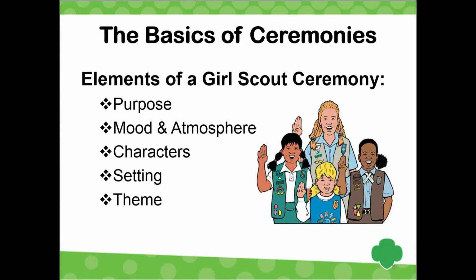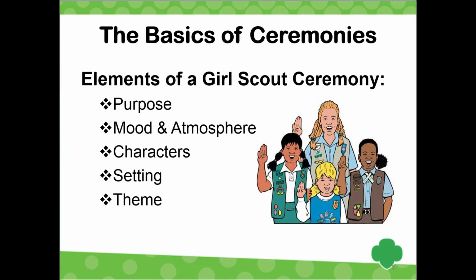So Girl Scout ceremonies can be planned on a grand scale, or they can be planned on a smaller scale. Either way, the ceremonies help Girl Scouts mark special events throughout the year, such as bridging to another level, earning a National Leadership Journey Award, getting a Girl Scout pin, to mark a beautiful sunset, or to celebrate the spirit of friendship.